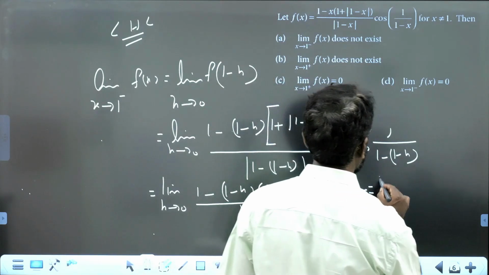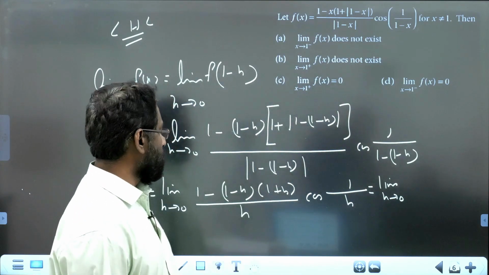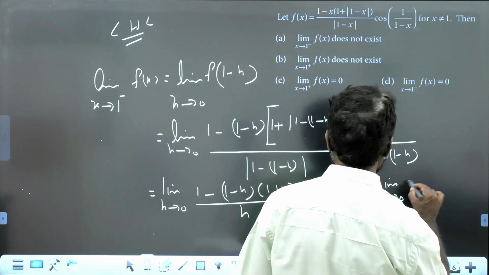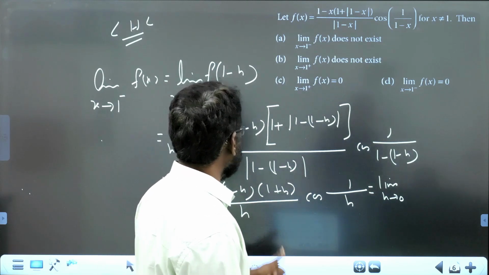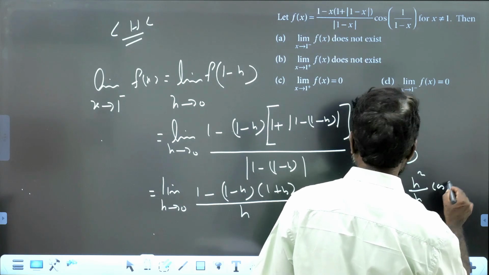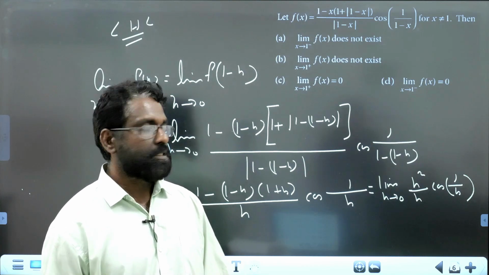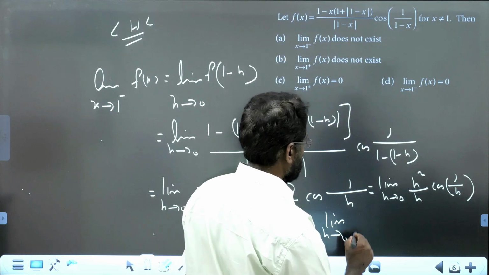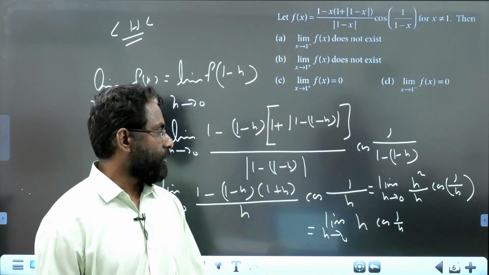Here 1 is cancelled. So this is equal to limit h tends to 0 of h square by h, cos 1 by h. That is limit h tends to 0 of h into cos 1 by h.